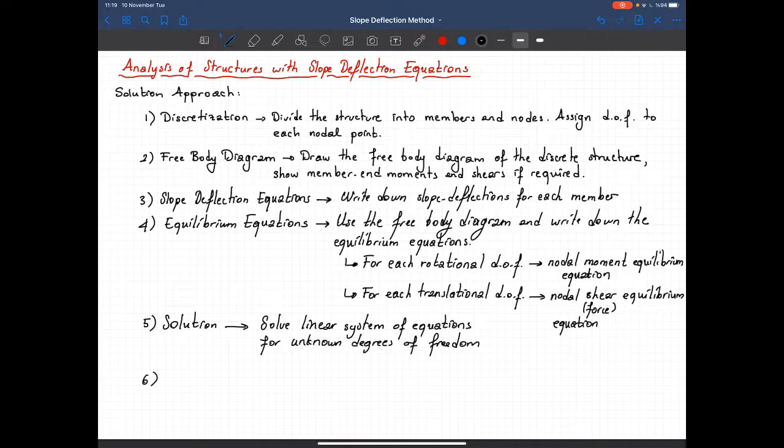And sixth, we usually call it the post process. Recover the member forces. You will just insert the values of the degrees of freedom into slope deflection equations and calculate the support reactions.